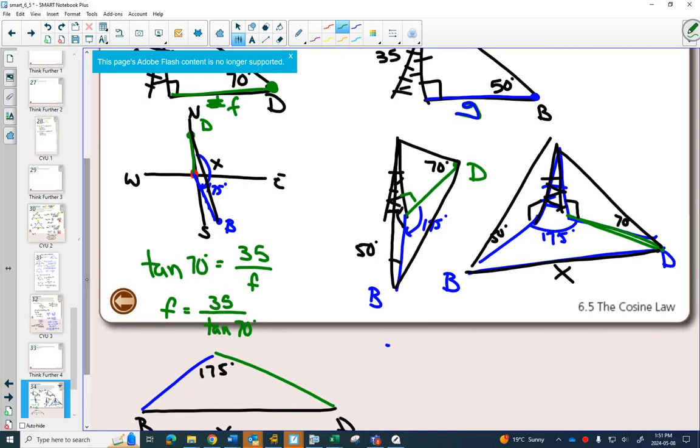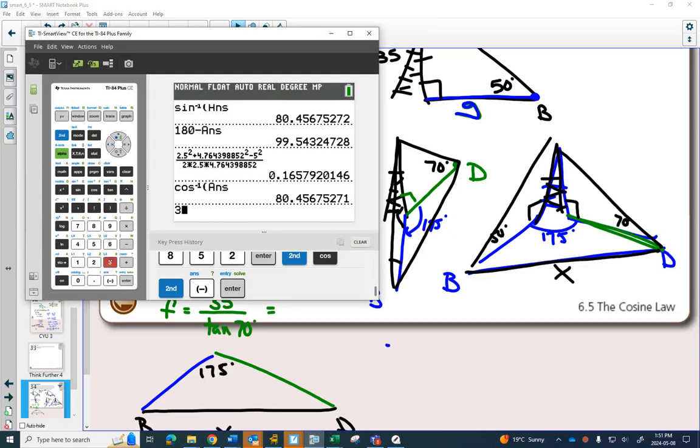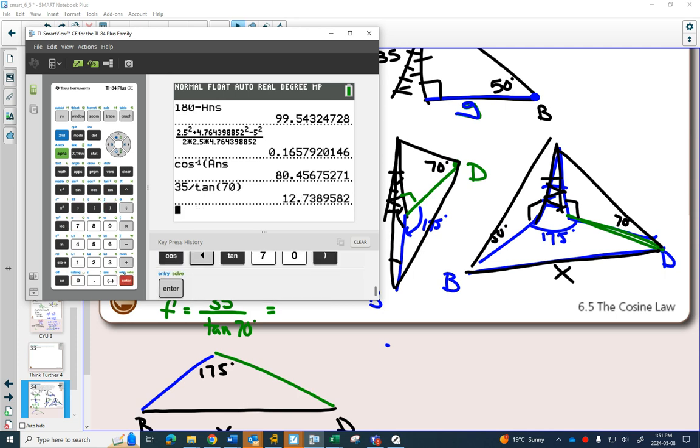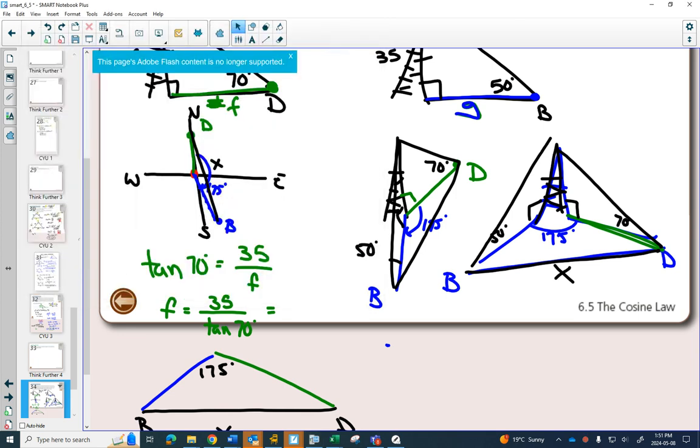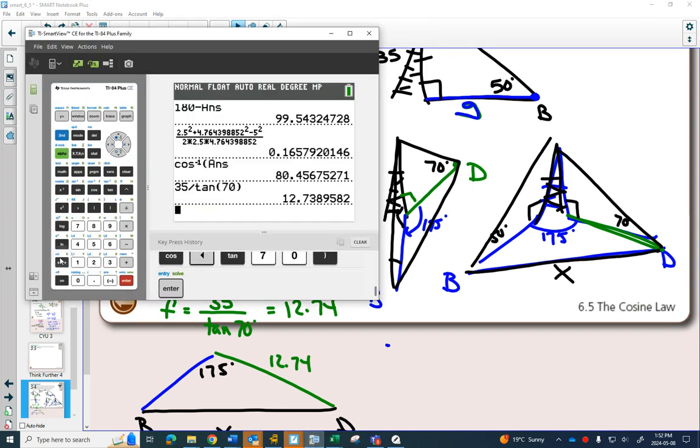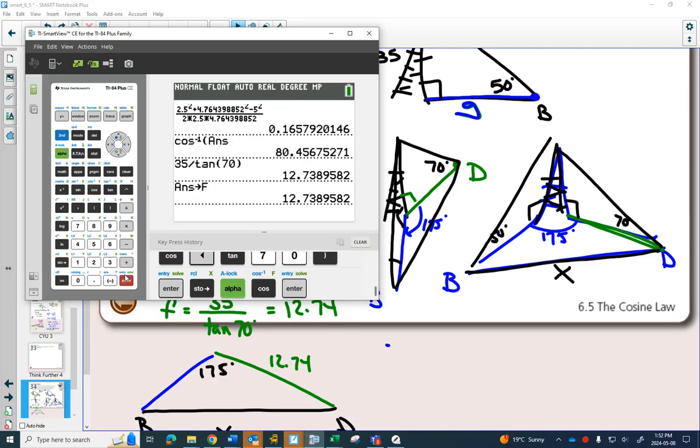So now, I type that into my calculator. 35 divided by tan of 70. 12.7389. 12.74. In fact, I'm going to store this as f. Why not? Maybe we need to use it later.